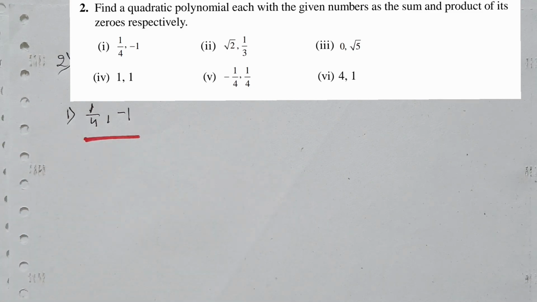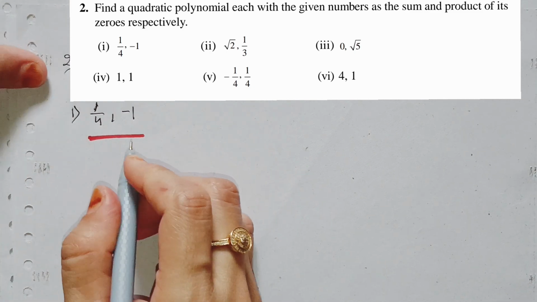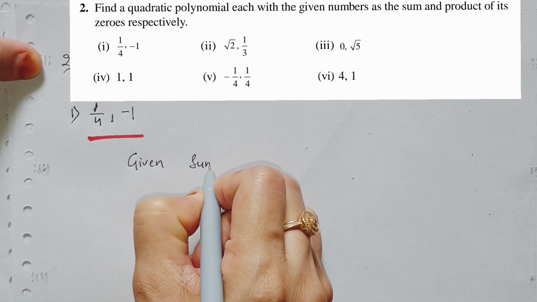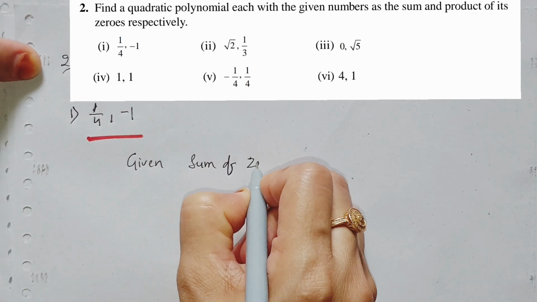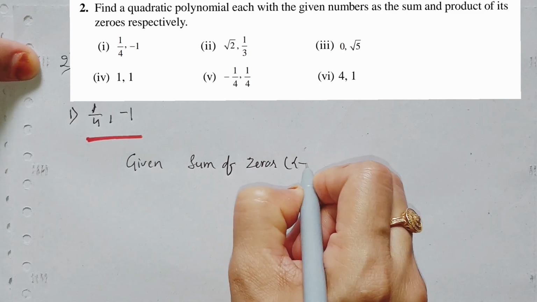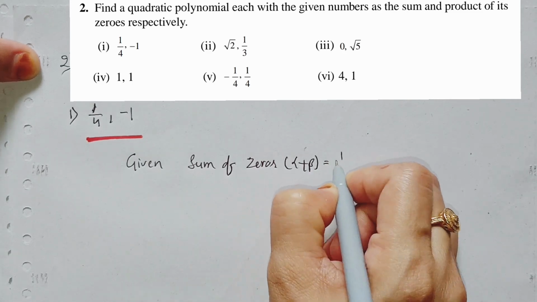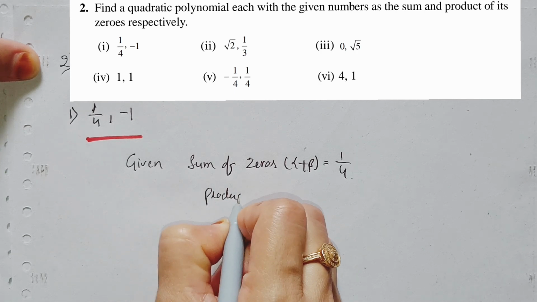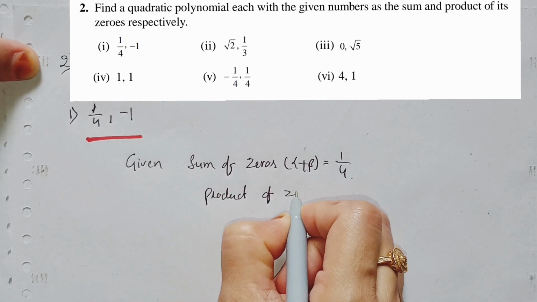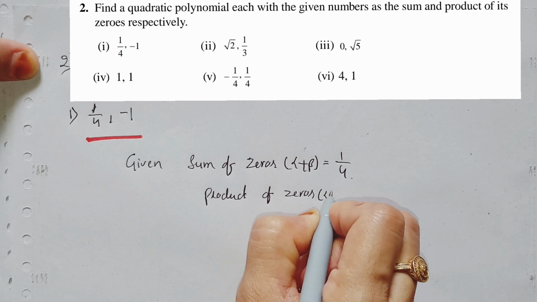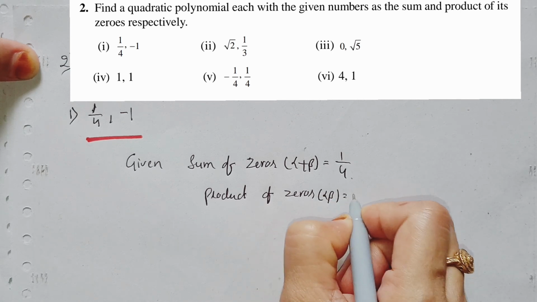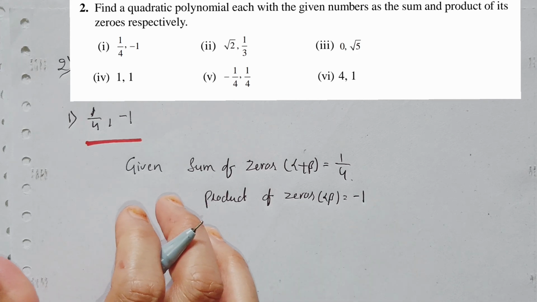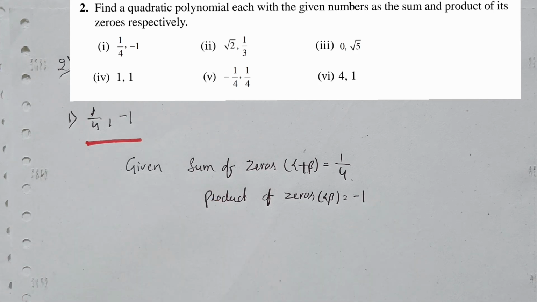So first of all we'll write the given: sum of zeros, which is alpha plus beta equal to 1 by 4, and product of zeros, which is alpha beta, is minus 1. By using these two we have to find the quadratic polynomial.